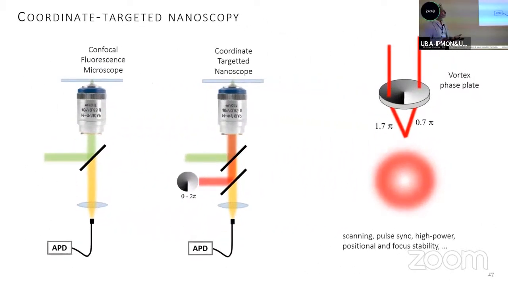In principle, it's simple. You need a scanning microscope, like a confocal microscope, and then you need to add a second laser. In some cases, you can use the same one, but generally, you need a second beam, and you have to modulate the phase of that beam, for example, in this way. So this is a very simple way of obtaining this kind of focus.